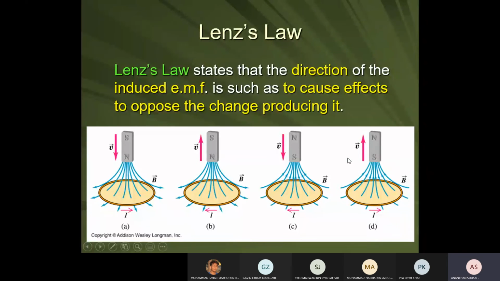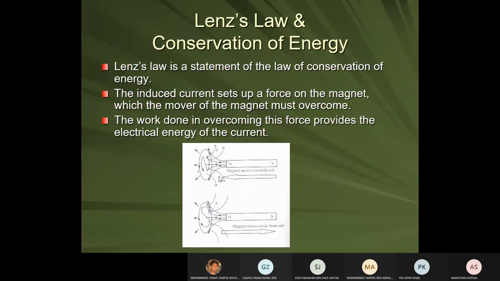When the magnet goes away, the coil will induce an EMF the other way around, so that the top induces a south pole, to pull it back. So we want to prevent the movement. This is based on conservation of energy.